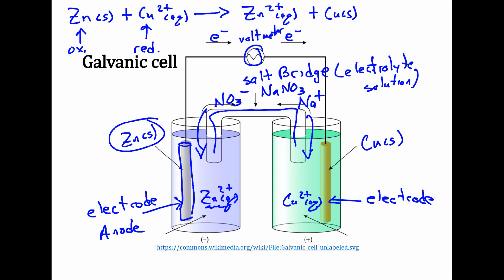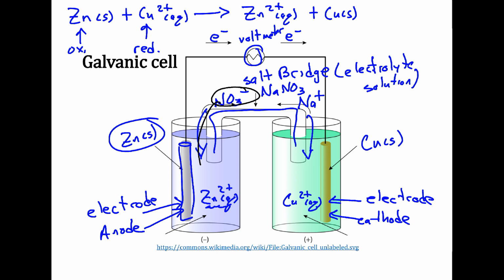This electrode is called the anode right here on the left-hand side. And then we show what's known as the cathode over here. The anode gets its name because anions, so these nitrate ions, were attracted to this side, whereas the cathode gets its name because the cations, so the sodium ions, were attracted to that side.